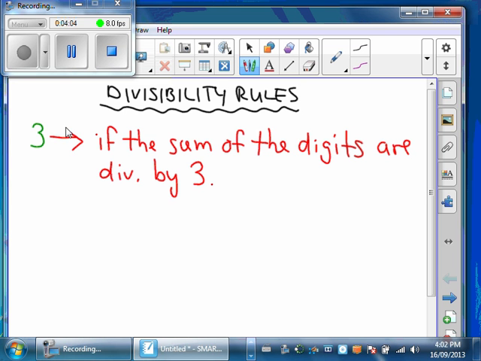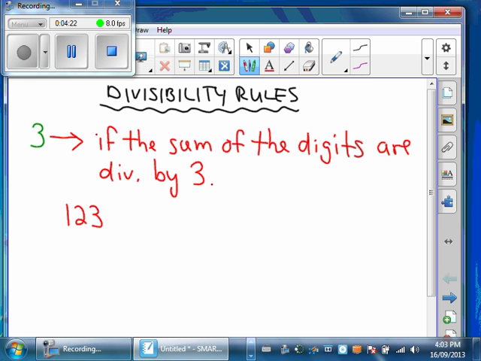Well, some people are thinking, well, what does that mean? Well, let's take a simple number here. Let's take a number like 123. Well, what we're going to do is, at first glance, we look at it and say, well, I don't know, is that number divisible by 3 or not? It's a good question. It may or may not be.